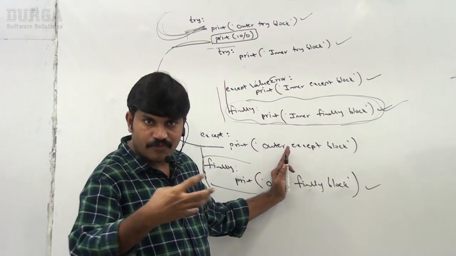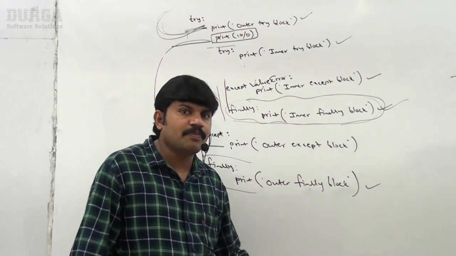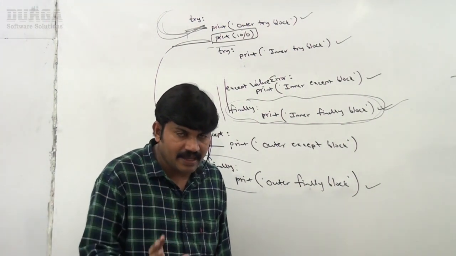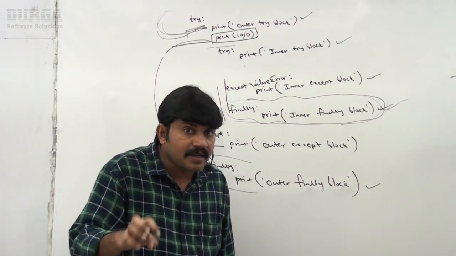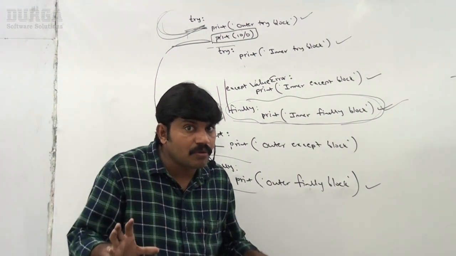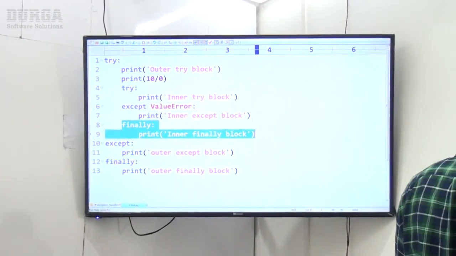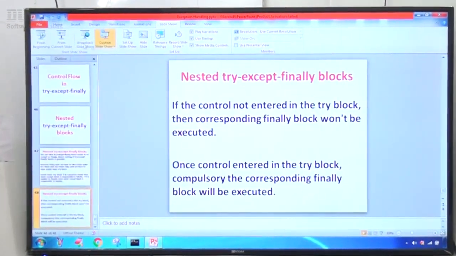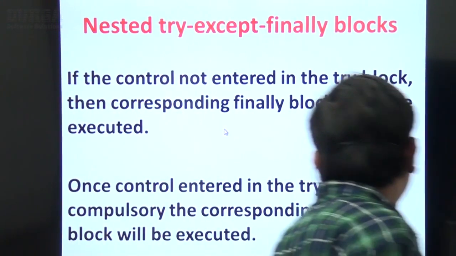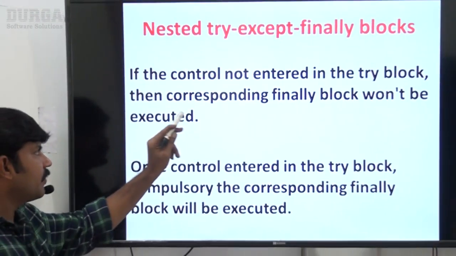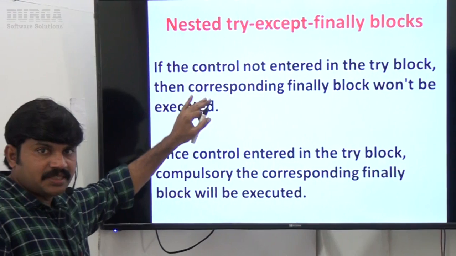We covered almost 4 or 5 cases. This is very helpful for the next topic, control flow in nested try except finally. This knowledge is very helpful there, sir. Just have a look once. Sir, here I just covered one theoretical conclusion, a very important conclusion. Observe, if the control has not entered the try block, then the corresponding finally block won't be executed.